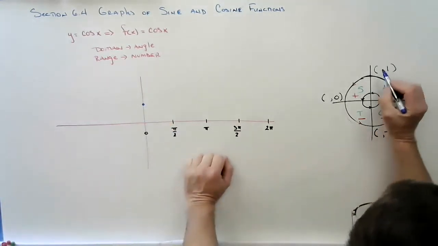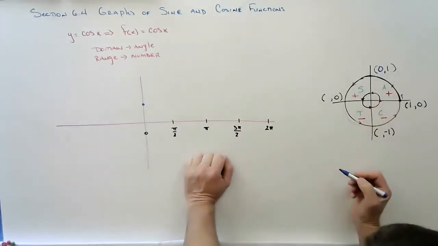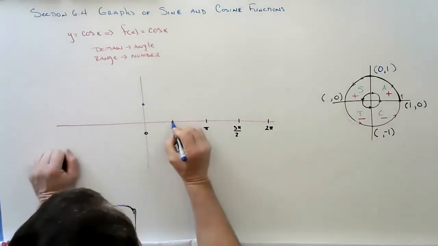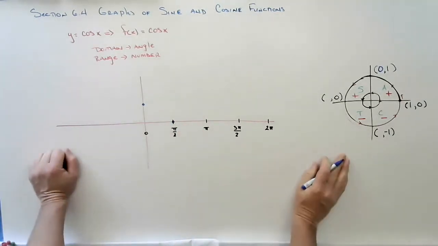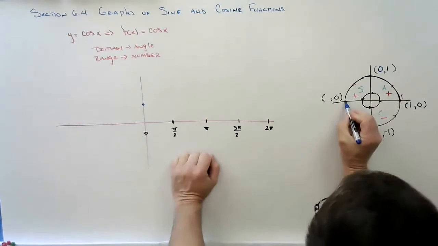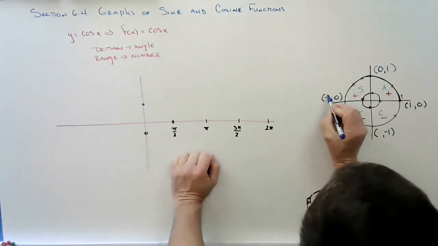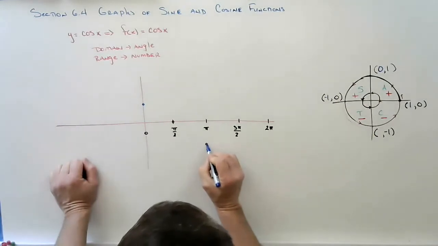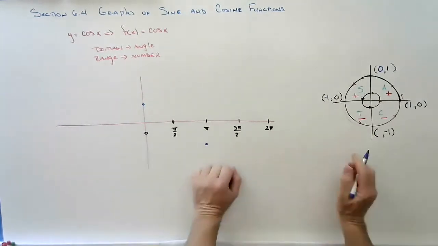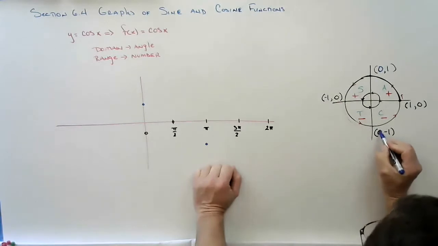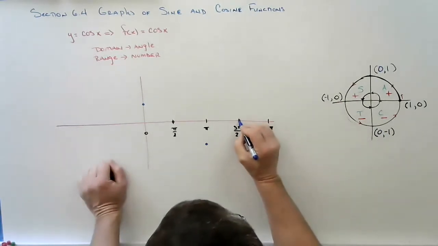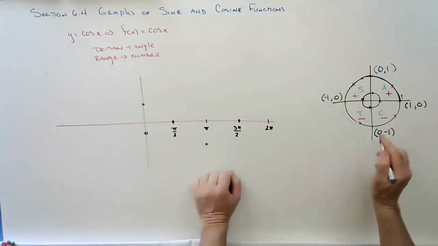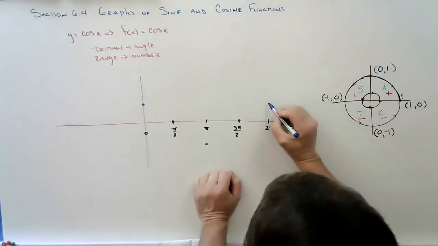When we plug in pi over 2, we get 0. So that dot's going to be here. When we plug in pi, we get -1. So that dot's going to be right here. When we plug in 3 pi over 2, we get 0. So that dot's going to be here. And when we plug in 2 pi, we're right back here at 1.